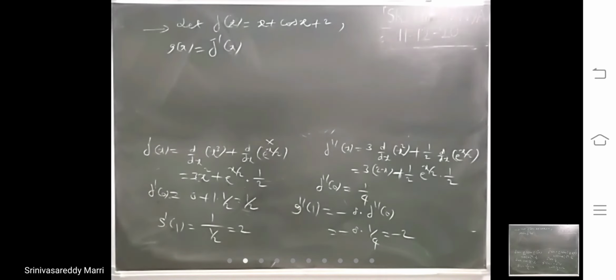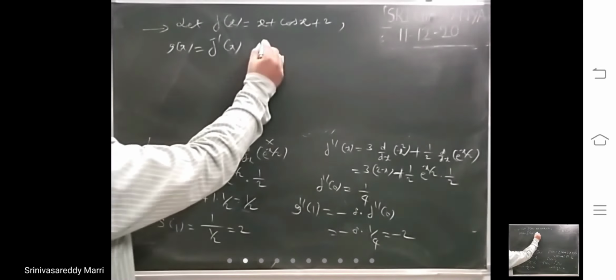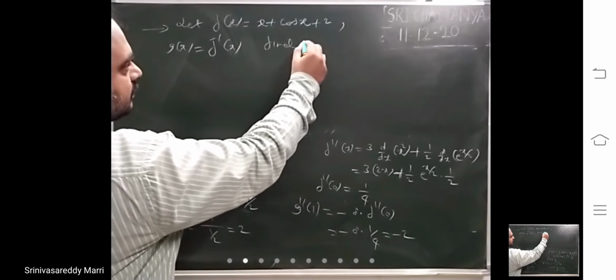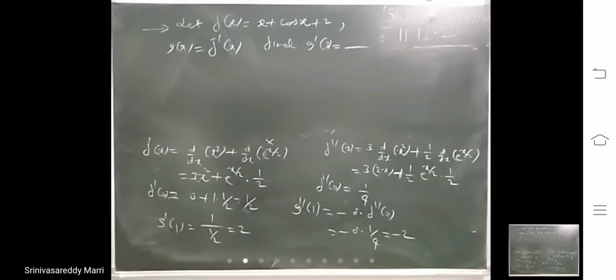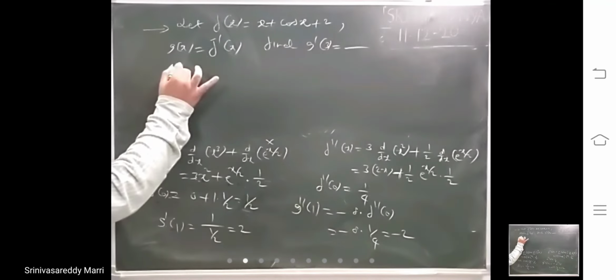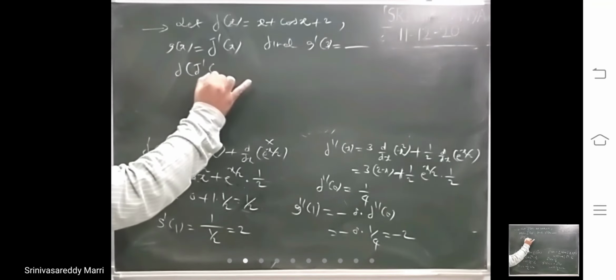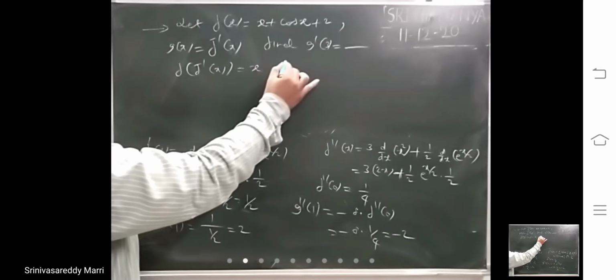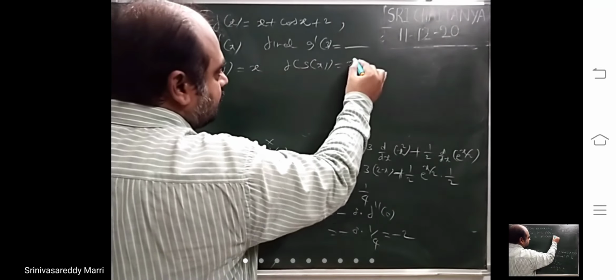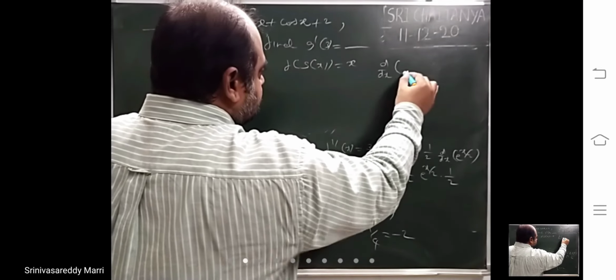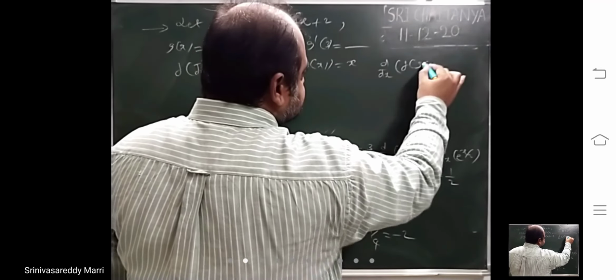g of x equal to f inverse x. Find g dash 3. Look at one more model: derivative of inverse function. So what is that? f of f inverse x equals x. So take the derivative on both sides.